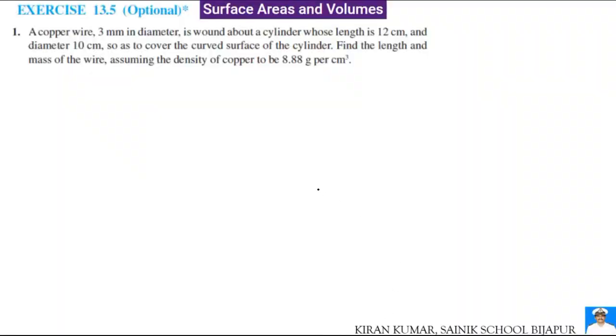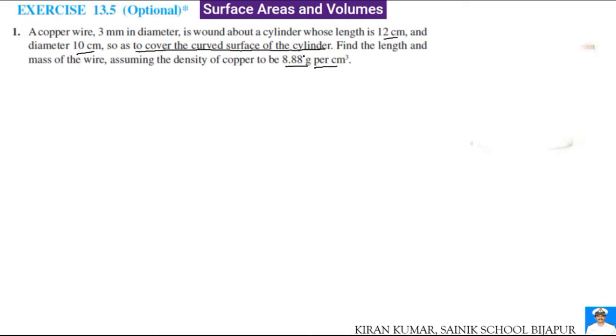The first question here is: a copper wire 3 millimeter in diameter is wound about a cylinder whose length is 12 centimeter and diameter 10 centimeters so as to cover the curved surface area of the cylinder. Find the length and the mass of the wire, assuming that the density of the copper is 8.88 gram per centimeter cube.